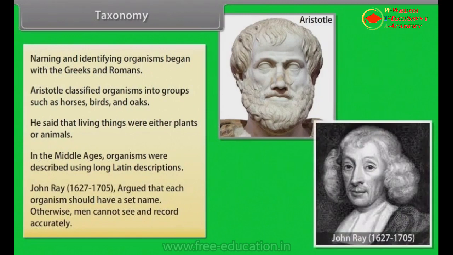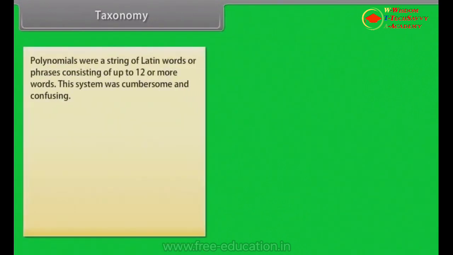John Ray, 1627 to 1705, argued that each organism should have a set name. Otherwise, men cannot see and record accurately. Polynomials were a string of Latin words and phrases consisting of up to 12 or more words. This system was cumbersome and confusing.